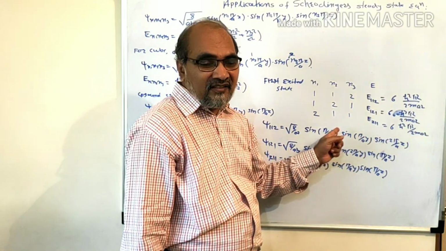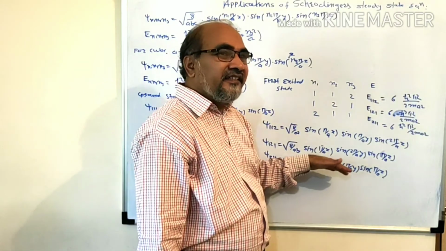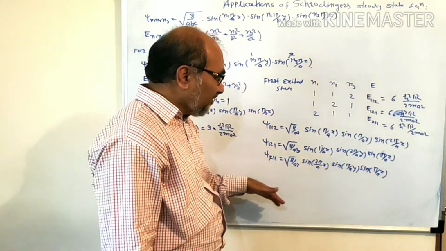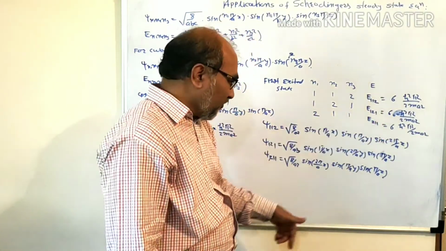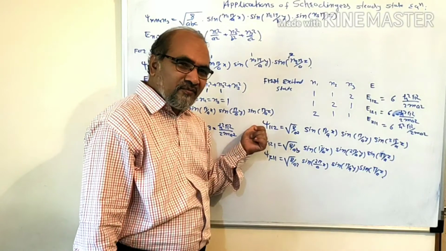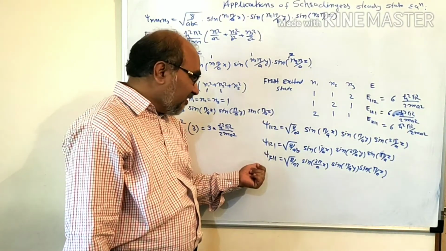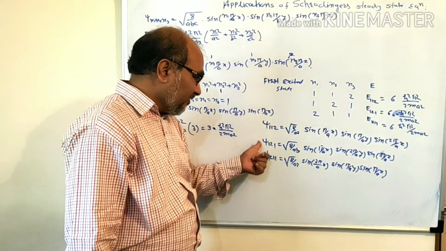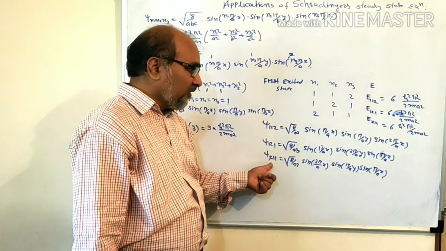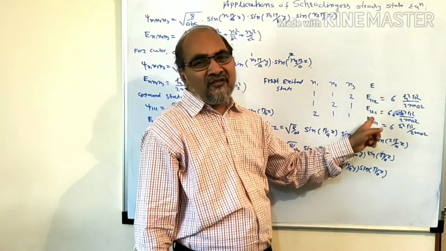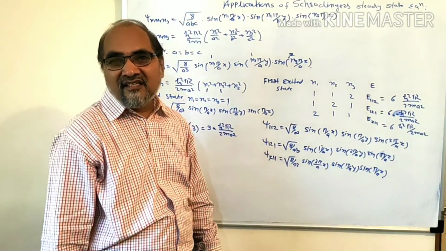This is called degeneracy, when a single value of the energy corresponds to more than one state. There are three states in the first excited state: psi 1 1 2, psi 1 2 1, and psi 2 1 1, and the corresponding energy value is only one, and therefore this is called degeneracy.